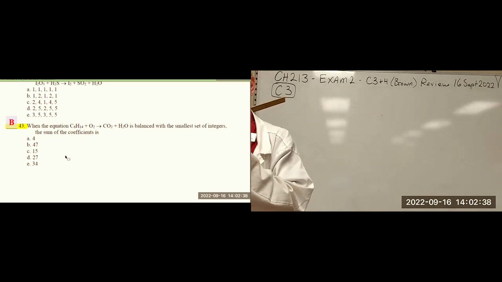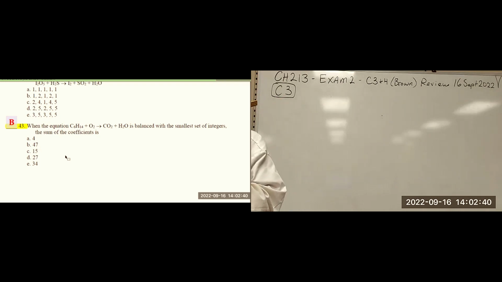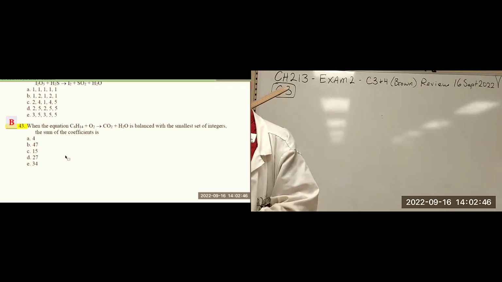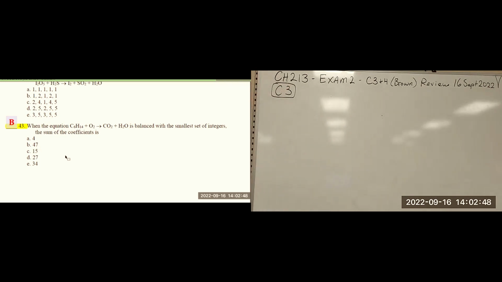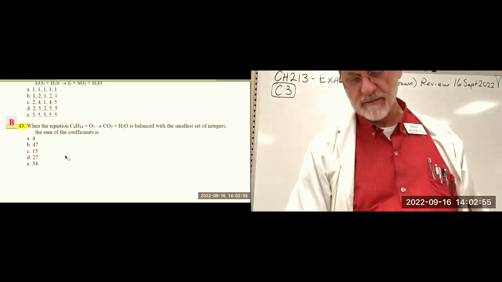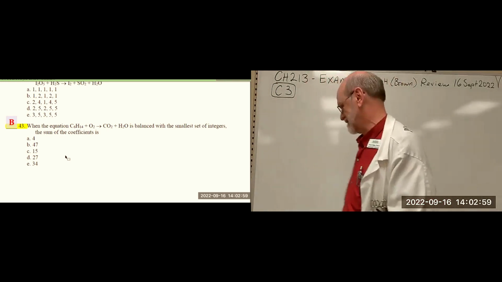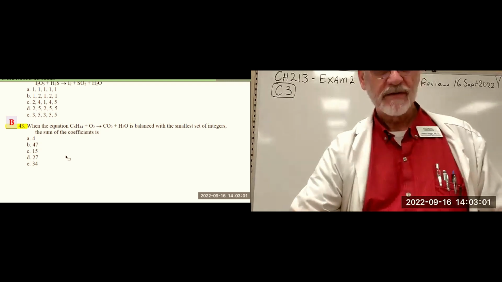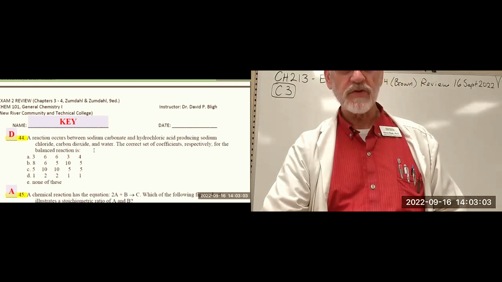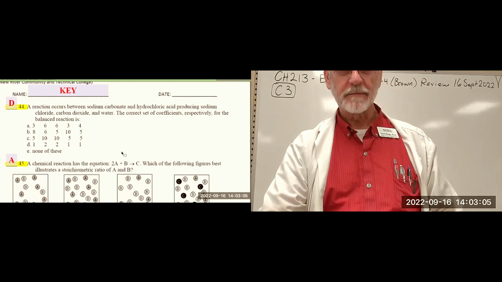Except for one, methane, CH4. You don't have to use the fraction trick for that one. But for the rest of them, you always have to use the fraction trick. If you've got a hydrocarbon combusted to yield carbon dioxide and water, I don't know why, but well, I do know why. It's math. So I'm not going to stop at that one. Just know that you have to use the fraction trick.